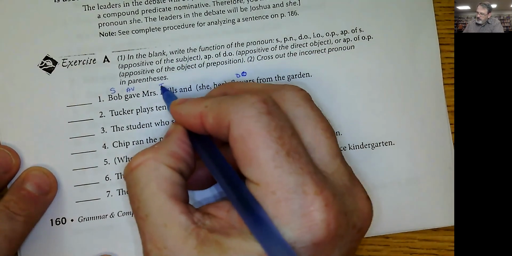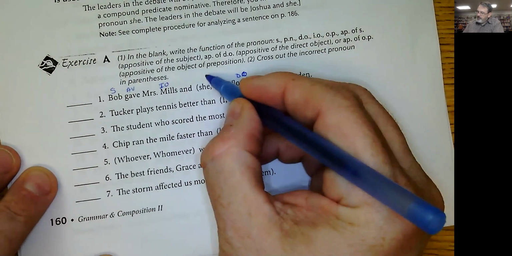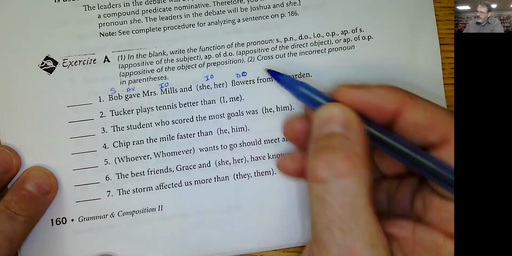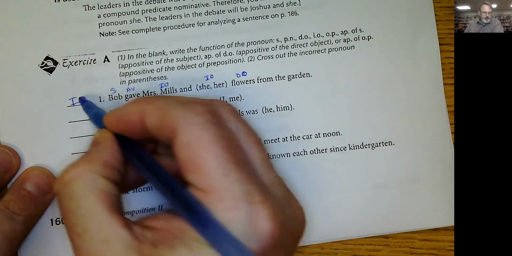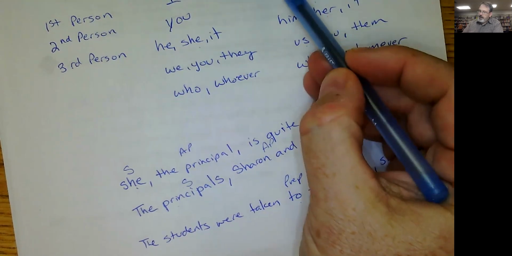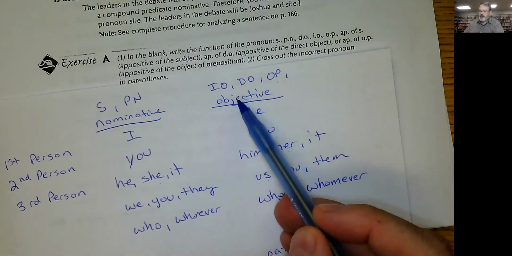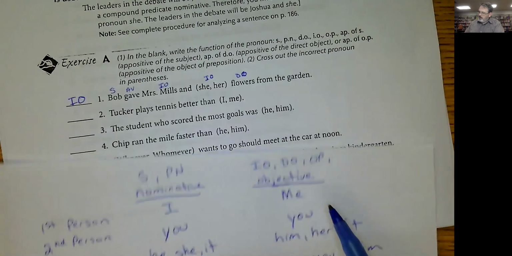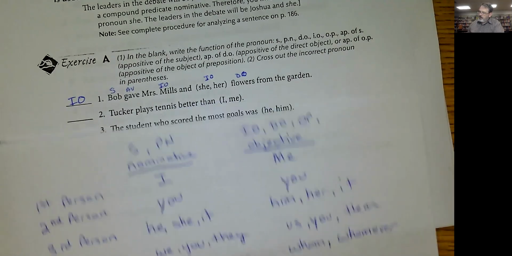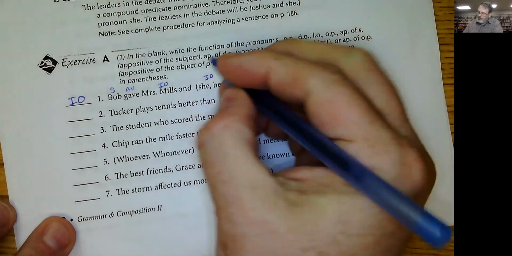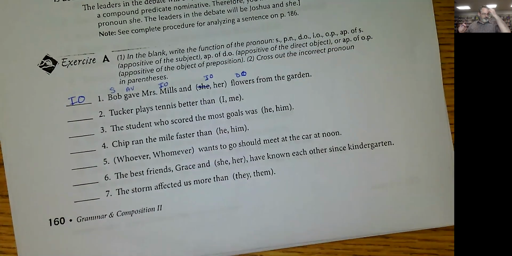Miss Mills is an indirect object, and so is whichever one this is. So we have to use objective case, and it's either she or her. So it's going to be her. So we cross out the wrong one, which is she. Okay, that's how we do this.